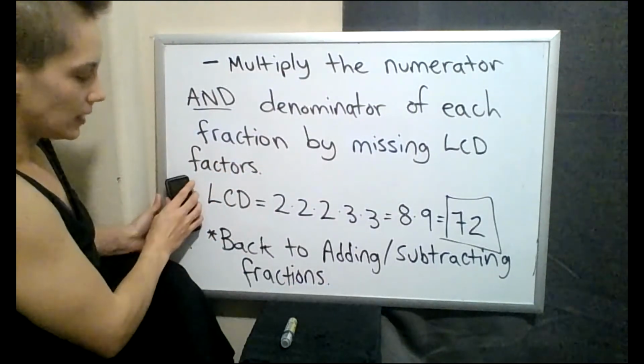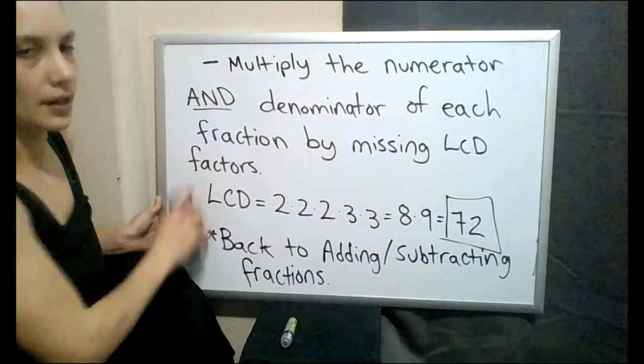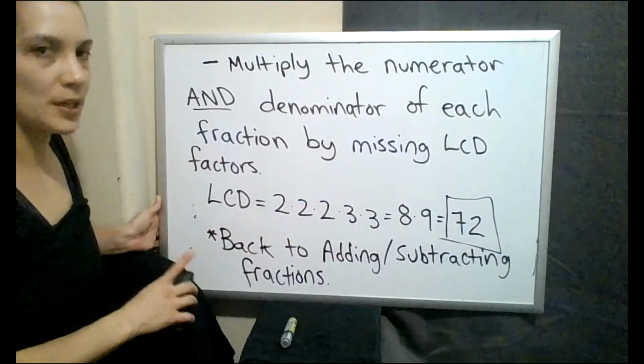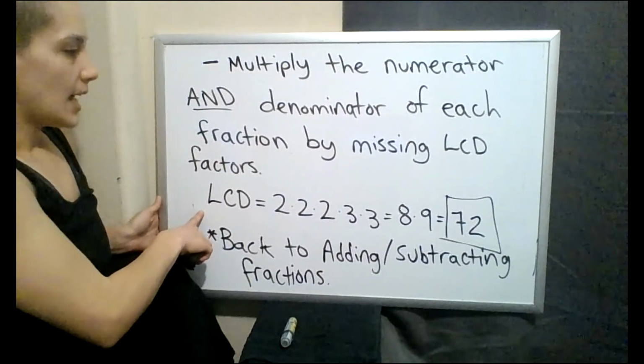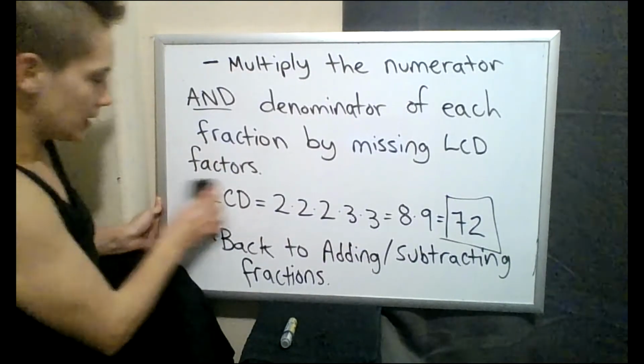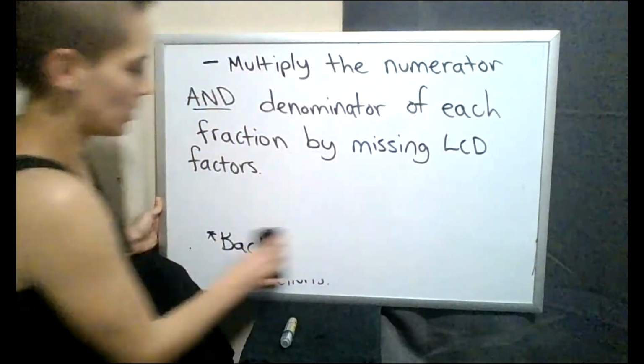When you do that, the result will have fractions that all have a common denominator. They'll all have the least common denominator. And then you can add or subtract.